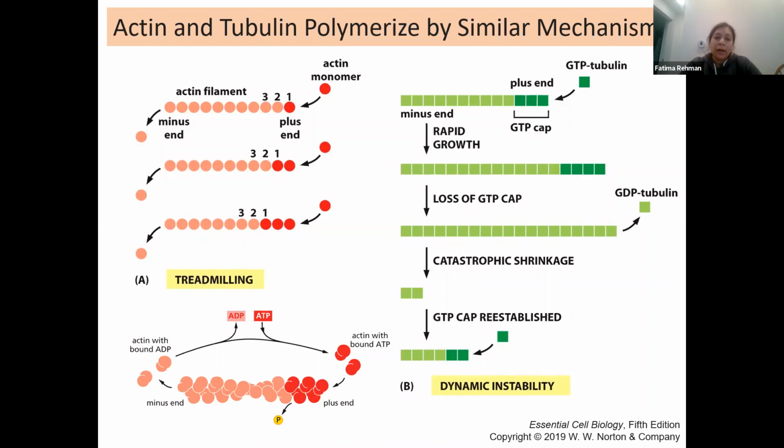In this one, what you will notice is that the actin gets bound to ATP to activate it, which then gets pulled into the plus end of the actin fiber, where as it becomes hydrolyzed, the ADP is released and the actin structure will move towards the minus end.